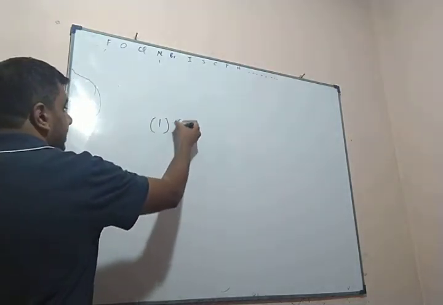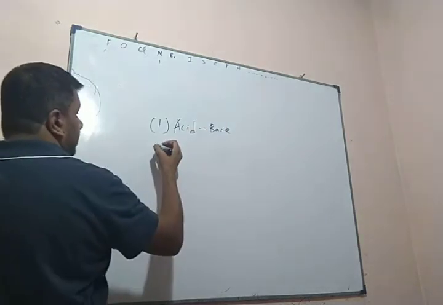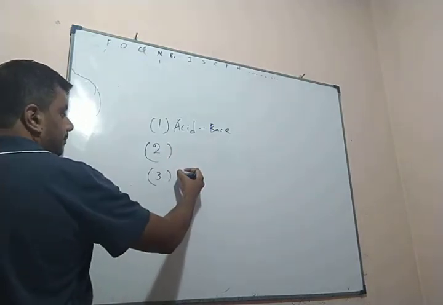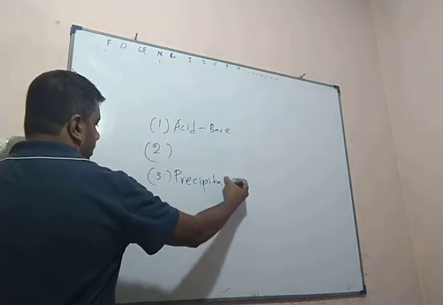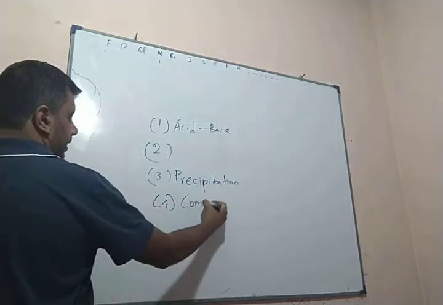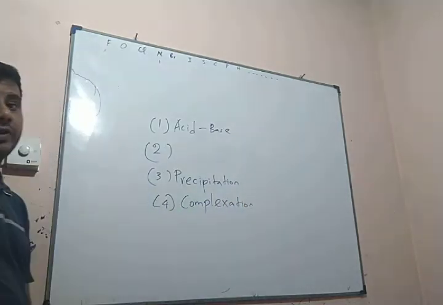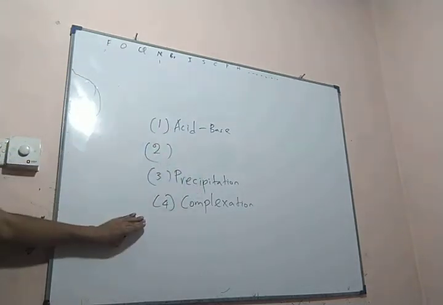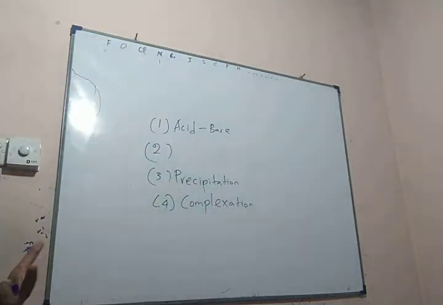One is acid-base reaction, third one, precipitation reaction, fourth one is complexation reaction. And the second one is oxidation reduction reaction.